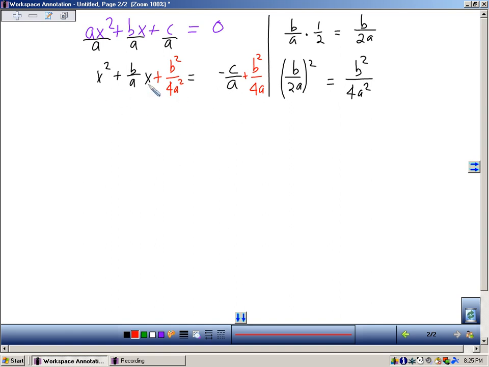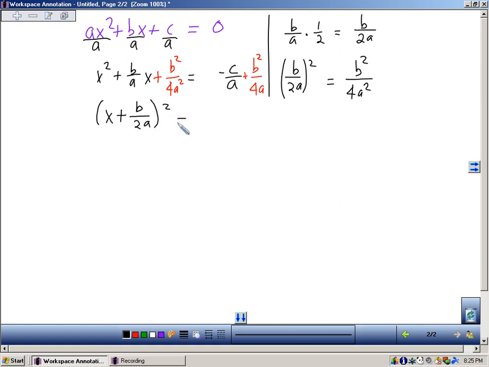So the factored quadratic on the left side is x plus b over 2a. Let me repeat that. x plus b over 2a, that quantity squared.